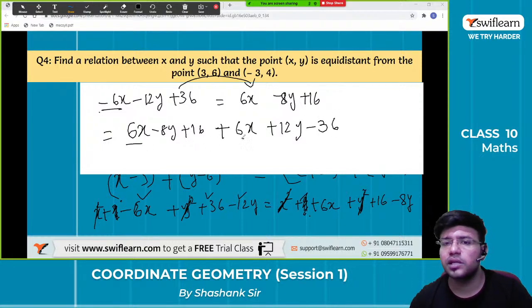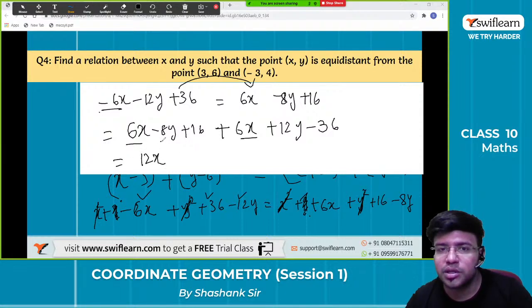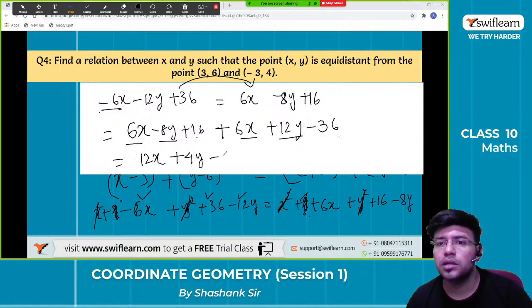Now how much is 6x plus 6x? It is 12x. How much is minus 8y plus 12y? That is plus 4y. And how much is 16 minus 36? It is minus 20, because the negative sign is on the greater number.